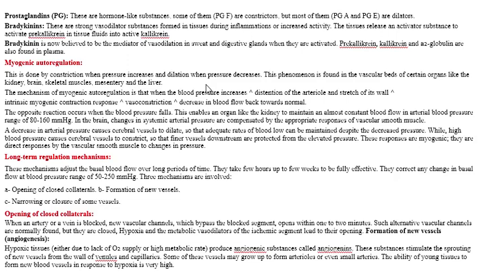This is the maintenance of the basal blood pressure, which usually ranges from 50 to 250 mercury. Three mechanisms are involved in long-term regulation: the opening of closed collaterals, formation of new vessels, and narrowing or closure of some vessels.